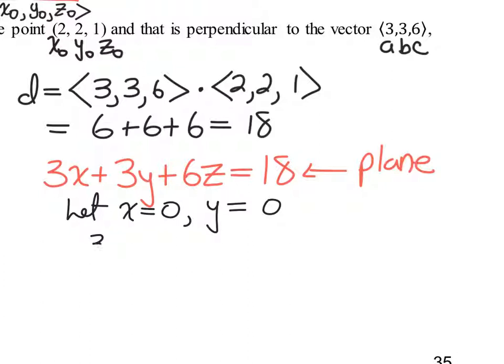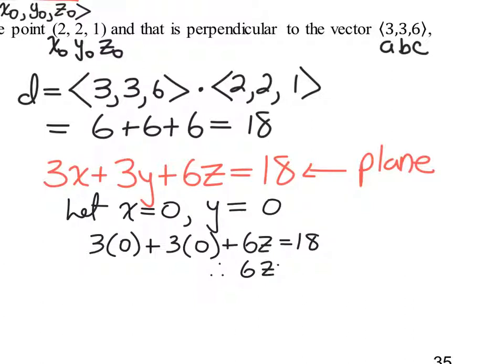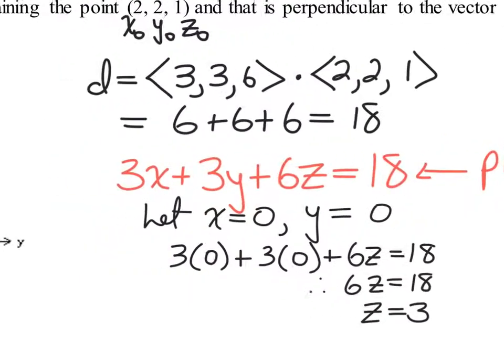So 3 times 0 plus 3 times 0 plus 6z equals 18, which would give you 6z equal to 18, which means z is equal to 3, right? All right, so we're zeroing out the x's and y's and determining what that would mean in terms of z. So that gives us a z-intercept of 3.